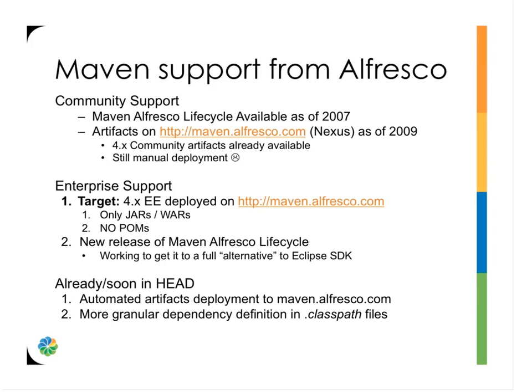So for the smaller modules, we now have a clear definition, at least in the Eclipse .classpath files, of which module depends on which library. I think that's a good initial step towards a more modular dependency definition in Alfresco. I think that was about it.